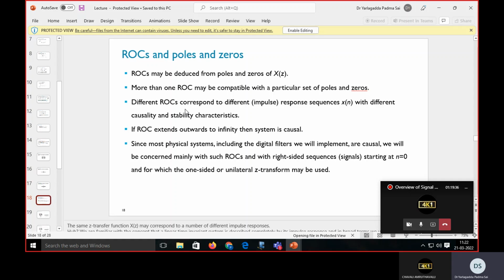Okay, these are some of the important points related to ROC. Zeros are playing mainly for frequency response, and poles are deciding stability. Both are important, so you should know whenever you are designing.